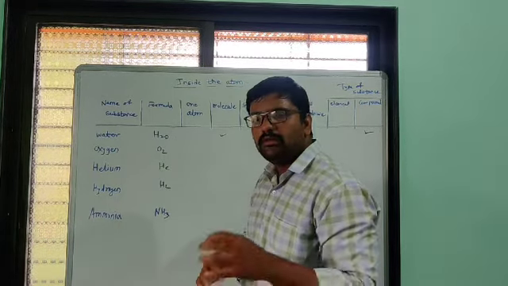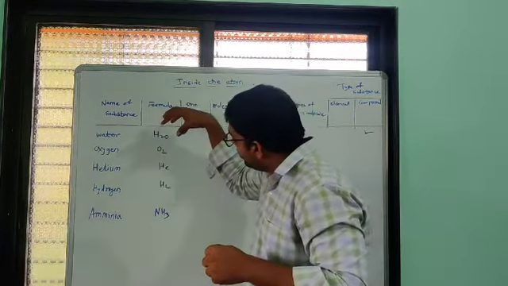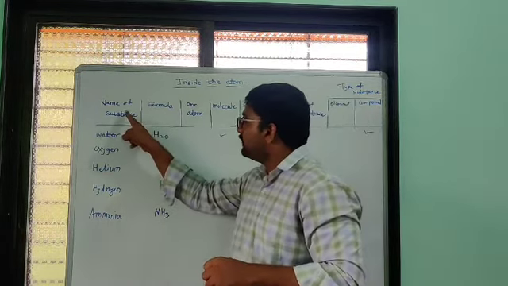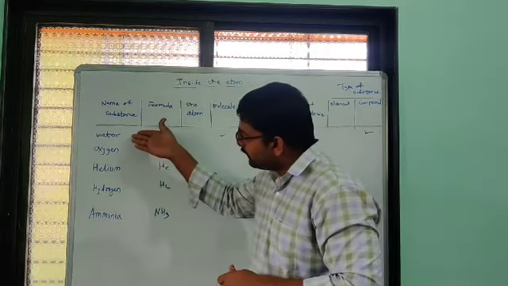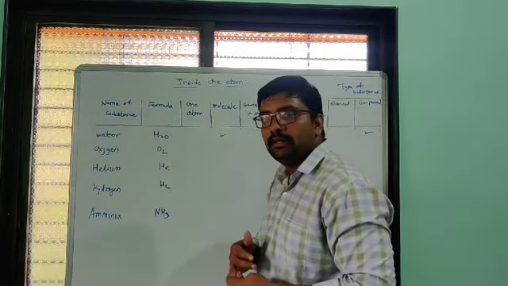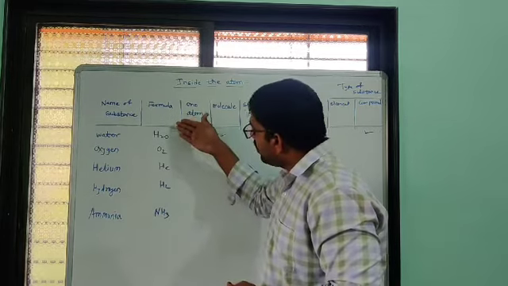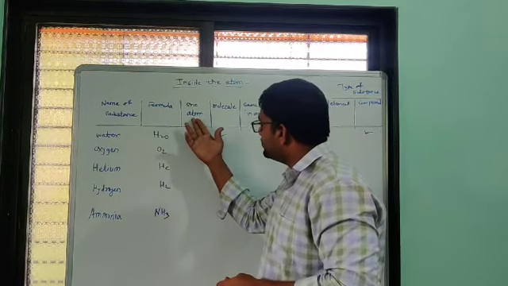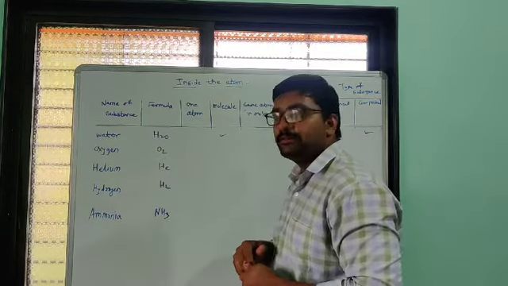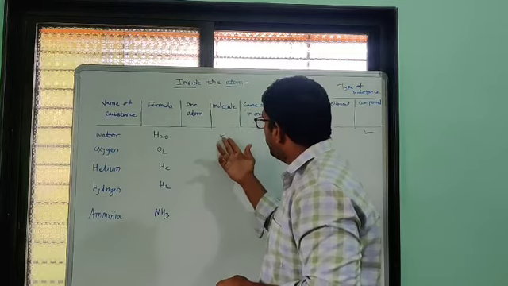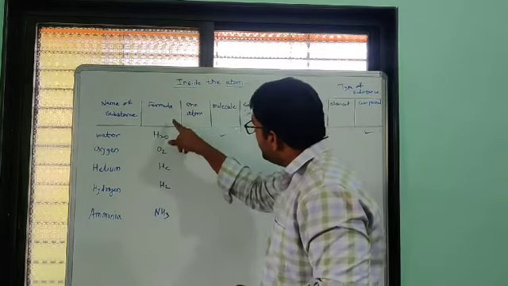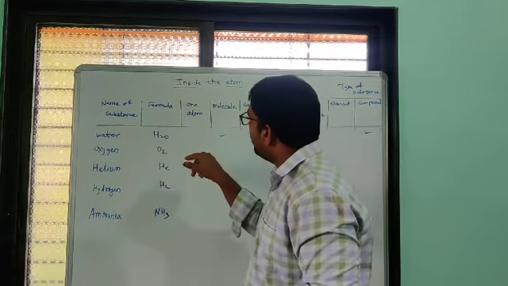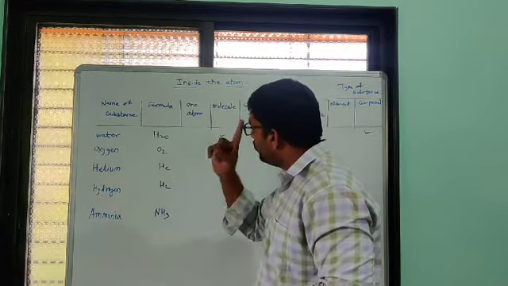Now, in this chart, what do we have to do? The first column is for the name of the substance, and different names of substances are given. Then the formula of that substance is given, and we have to write how many atoms are present in it. We also have to note whether the substance is of one atom, meaning only one type of atom is present.